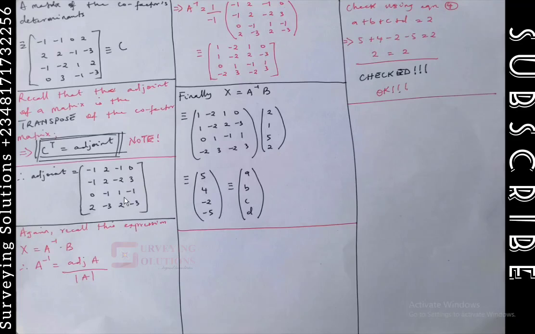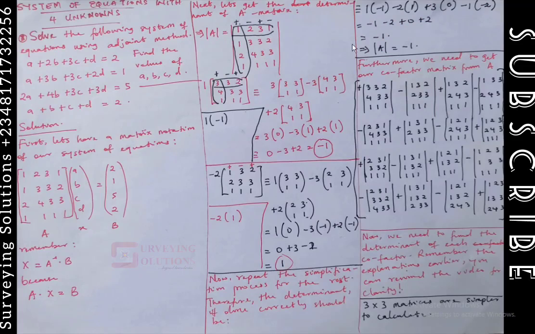Again, recall the expression we've stated earlier, that your x, which is the matrix of the unknown, is equal to the inverse of A multiplied by B. Then the inverse of A is equal to the adjoint of A divided by the determinant of A. Now in this expression, we already know what our adjoint is, which is this last matrix, and we also know our determinant, which is -1, as we have gotten earlier.